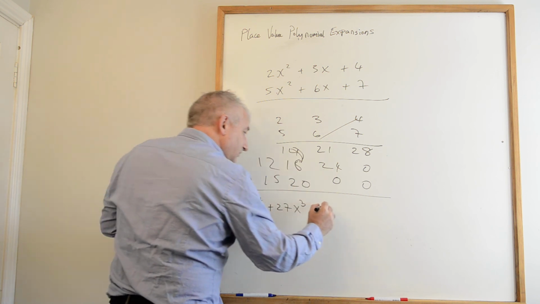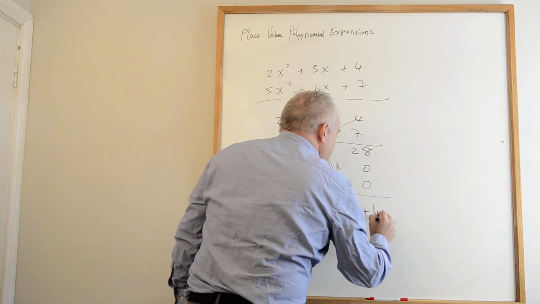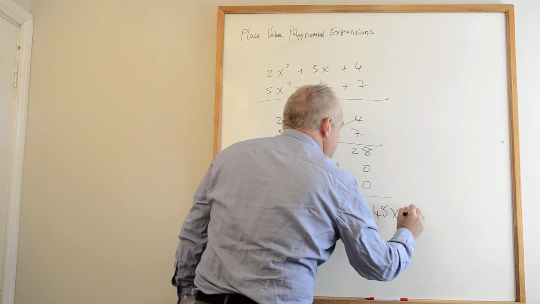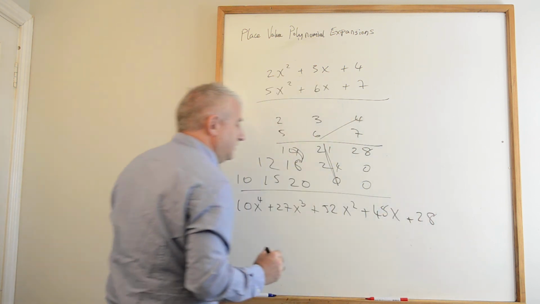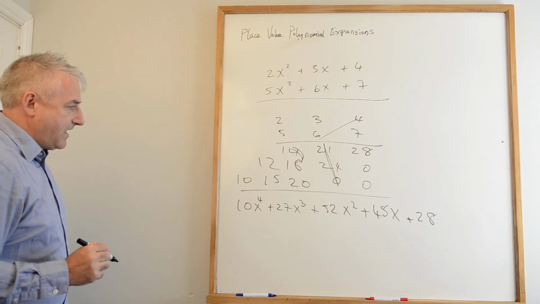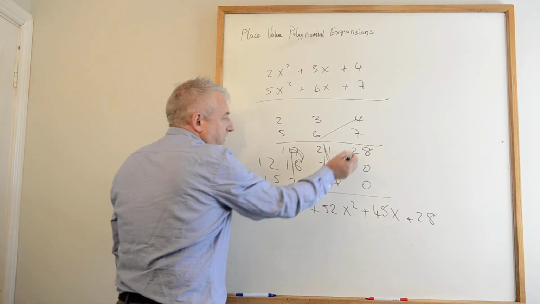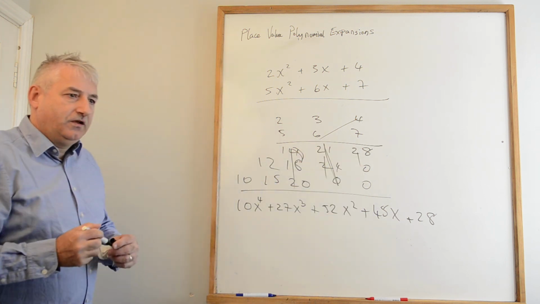Well, that's 32, 52x squared plus 45x plus 28. Okay, and throwing minuses in there won't be a killer. You'll just have a little bit of integer arithmetic there, but that's it.